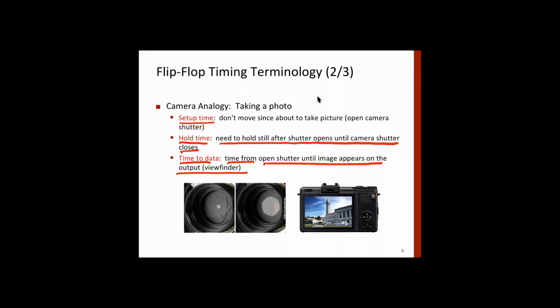So basically there are 3 times. Setup time is before the shutter opens, and then the whole period the shutter is open, and after that there is some time from the starting of the shutter opening when the output is available, which is this scene shown here. So there are 3 times.